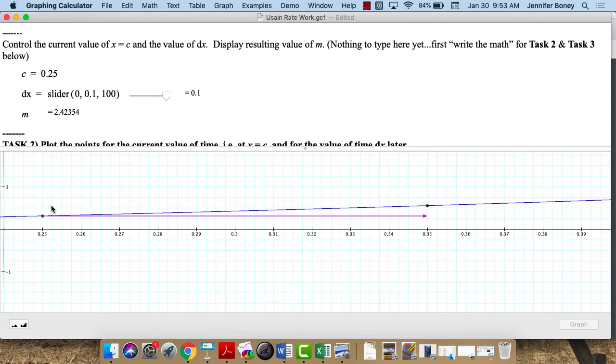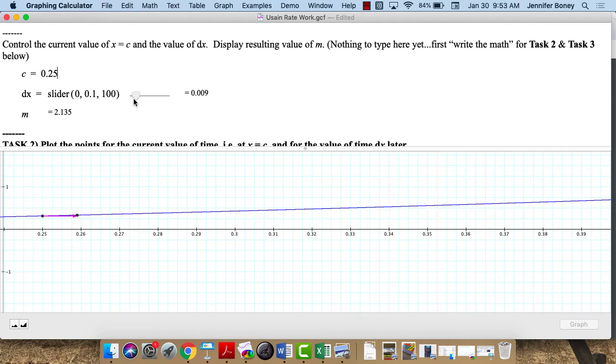So if we go all the way from 1/4 of a second to 35/100ths of a second, 0.25 to 0.35, looking at that interval, if I use the entire interval, I get this 2.42 meters per second.